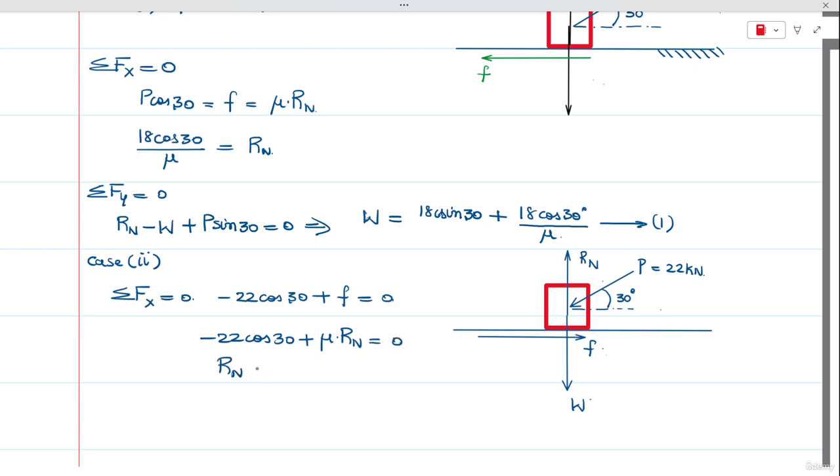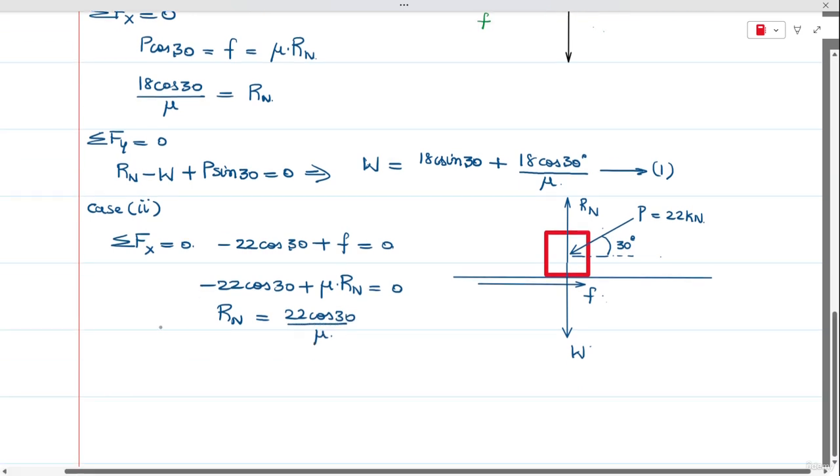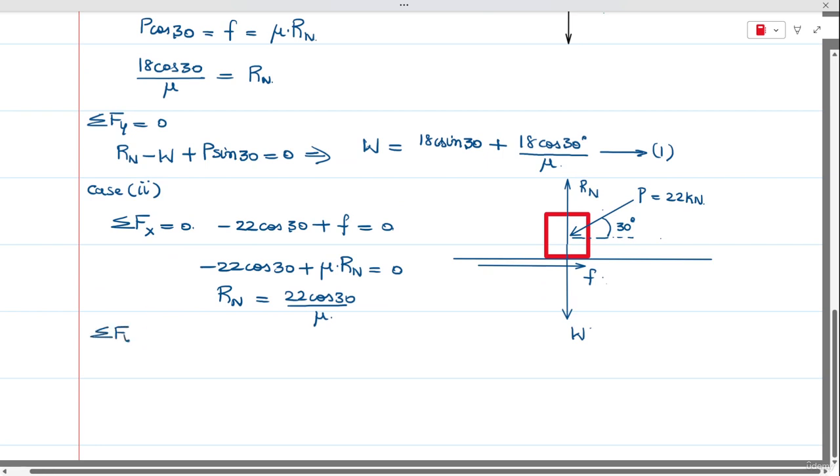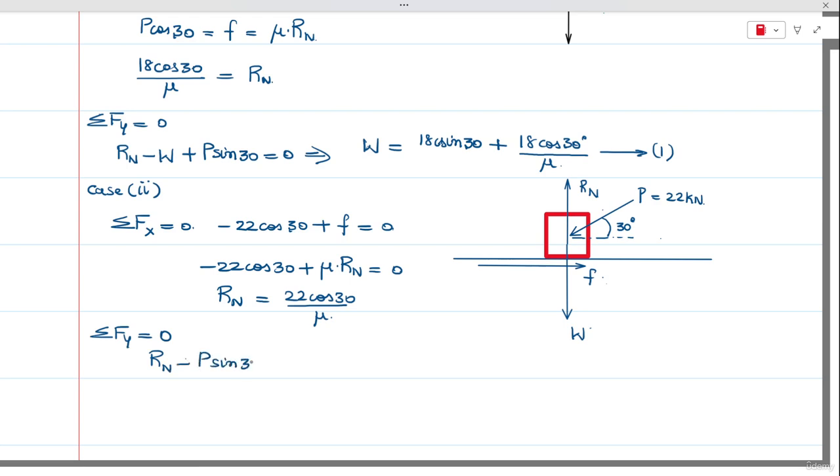So Rn here is equal to 22 cos 30 divided by mu. This was the equilibrium of forces in the x direction. Now let us write for y. Sigma Fy equal to 0, that is Rn minus P sine 30 minus W is equal to 0. Rn we have written as 22 cos 30 divided by mu, and P sine 30 is 22 sine 30, so W is equal to 22 cos 30 by mu minus 22 sine 30. This would be equation 2.